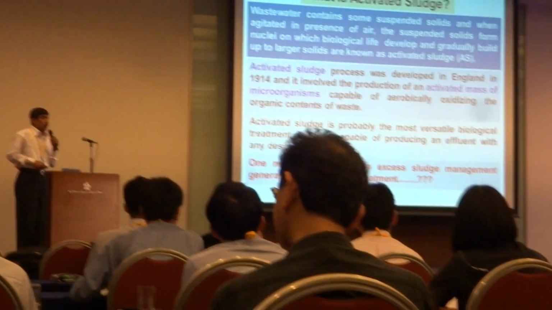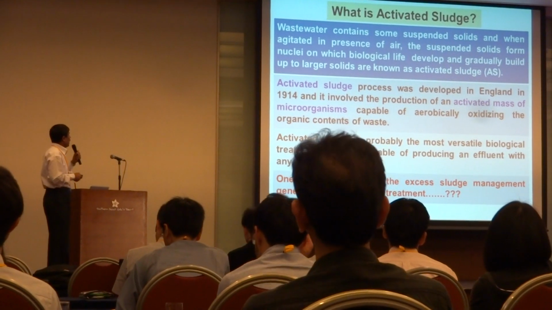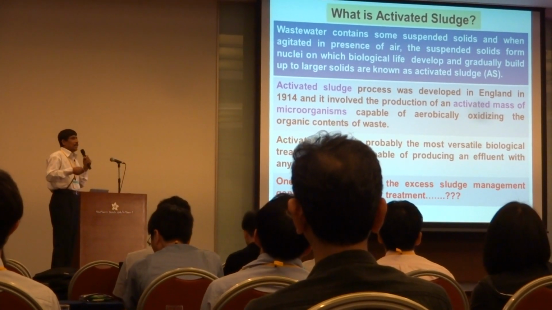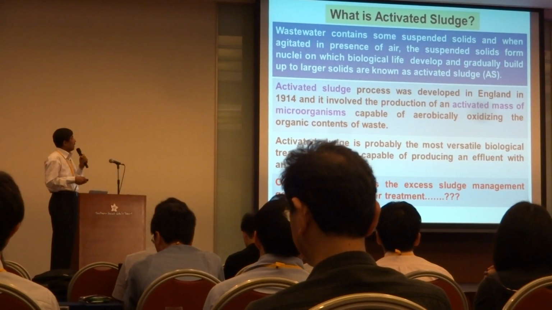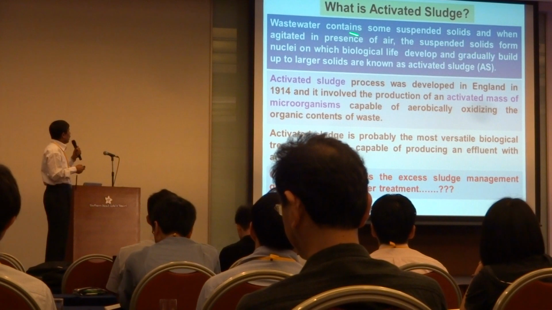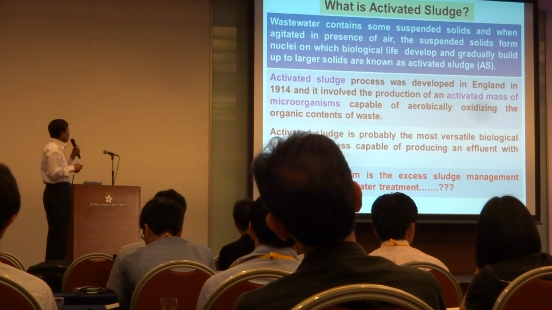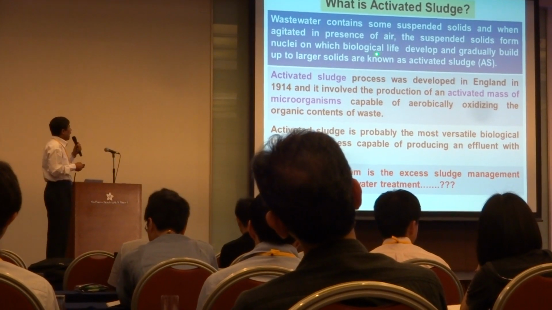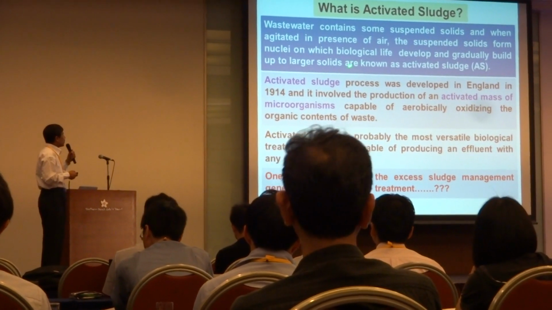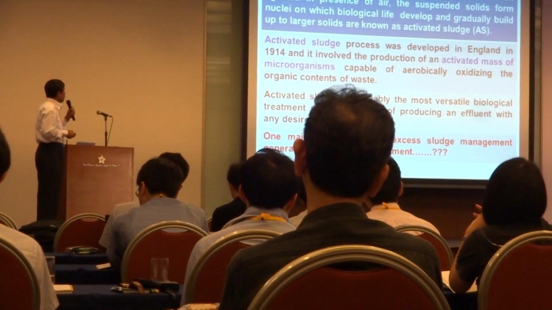Now I would like to explain what activated sludge is. Wastewater contains some suspended solids. We are regularly discharging wastewater after using it, and that wastewater contains suspended solids. When agitated in the presence of air, the suspended solids form a network on which biological life develops and gradually builds up into larger solids known as activated sludge.